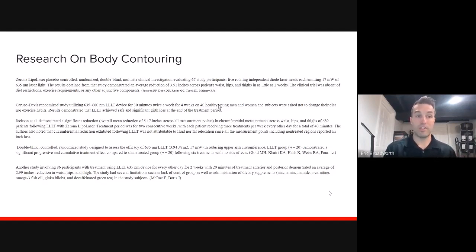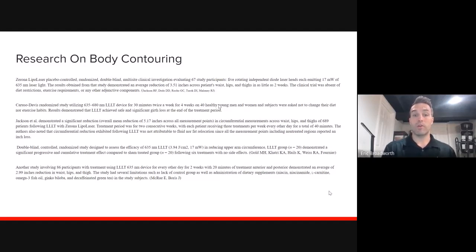And then another study, Jackson et al., demonstrated a significant overall mean reduction of 5.17 inches across all measurement points and circumferential measurements for the waist, hips, and thighs. They had 689 patients, and this was following low-level laser therapy with the Zerona lipo laser.